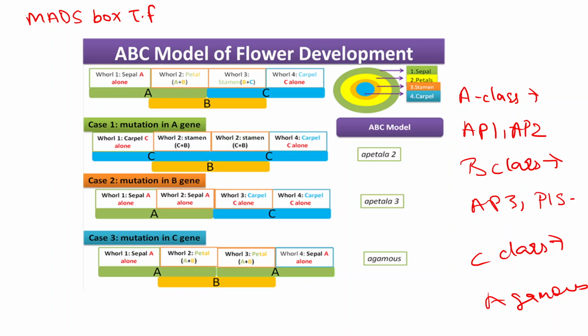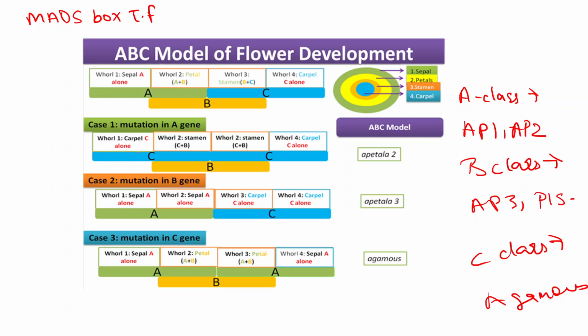Now let us see the mutation conditions. When there is a mutation in the A gene, C comes into its place. When the C gene is mutated, A comes into its place. This is a rule. So when A is mutated, C will come into its place.